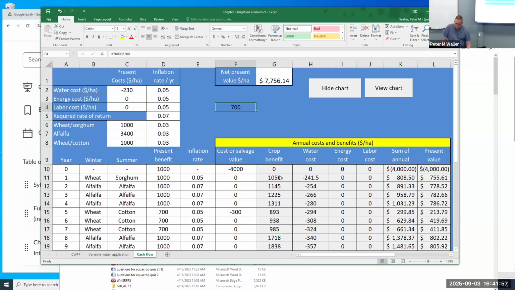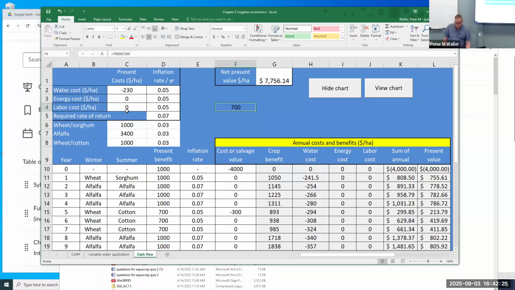But this would be the total crop benefit. And I suppose what I should do is have a higher, let's say this is the drip. Well, if I'm gonna compare the drip to the flood and the pivot, I'll just do everything for each system. I've got the total yield profit, got the total energy cost, and so on.